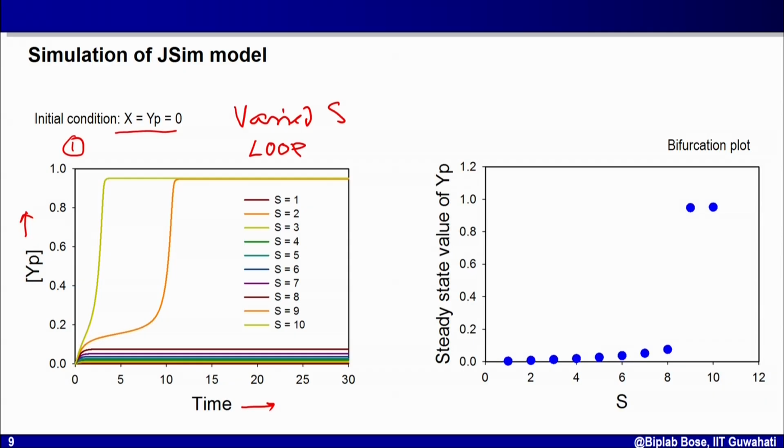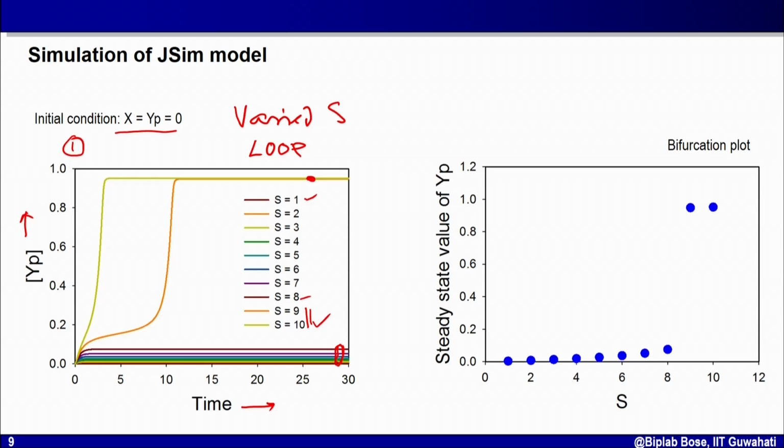I have varied s from 1 to 10. Only for these two higher values, 9 and 10, the steady state is near 1, that is a higher value. Whereas for the rest of the values of s, from 1 to 8, you can see the steady states are near 0.1, so a lower value.